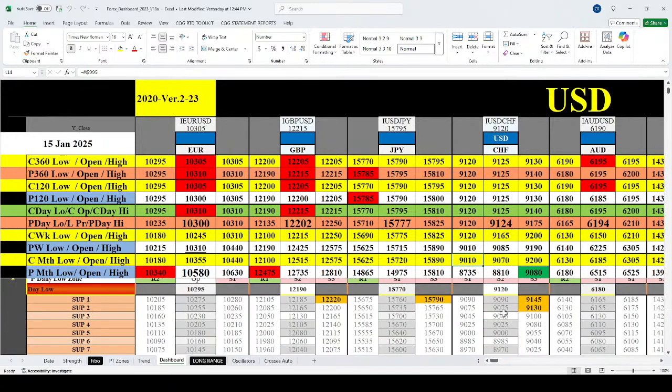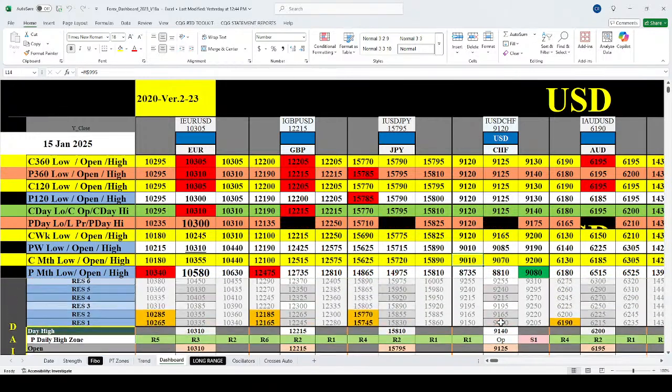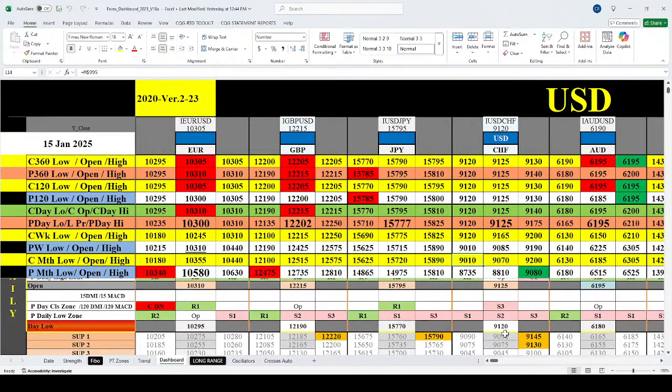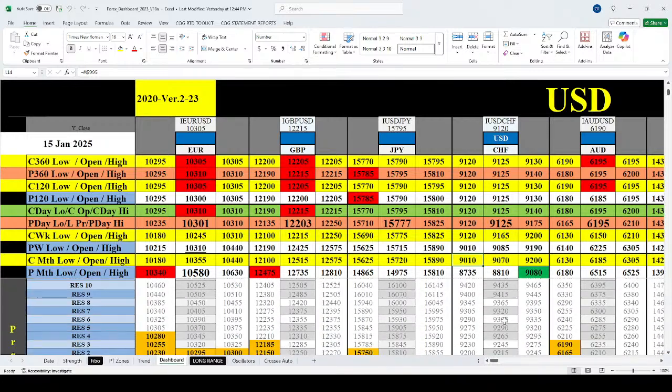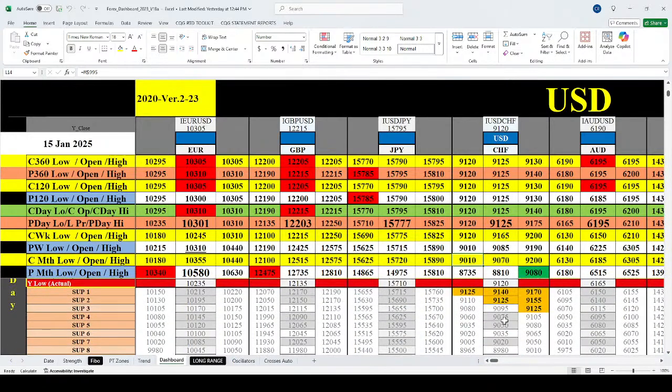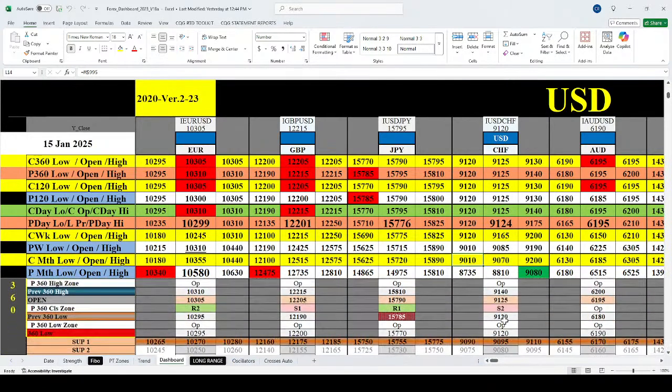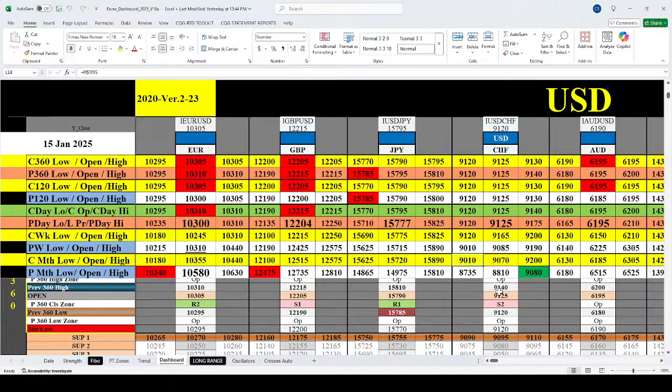I think 90.85 and 90.90 should be your buying levels. Either 90.75, 90.80 or 90.90. Then on the 6 hours, it says about 90.95 or 91. That should also be a buying level.